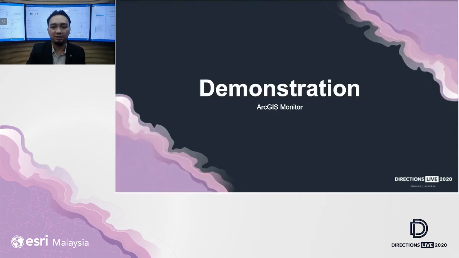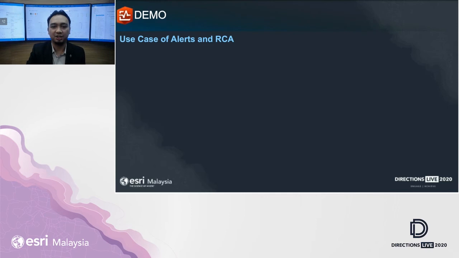So before I proceed with the demonstration, I would like to explain the scenario. So in a normal situation, how do we monitor our ArcGIS environment? We cannot monitor our environment by waiting for user complaints, because in normal support projects, we will have a service level agreement, or SLA.